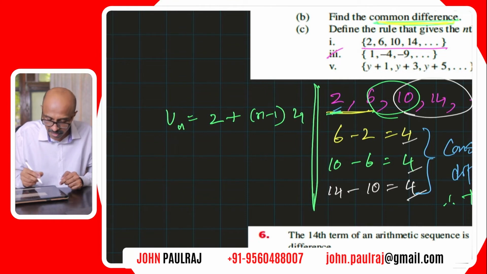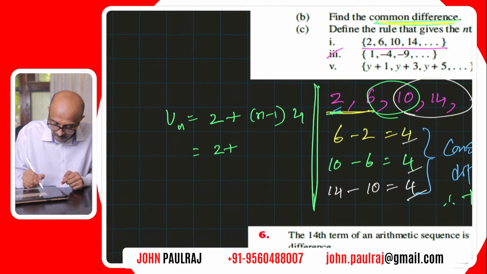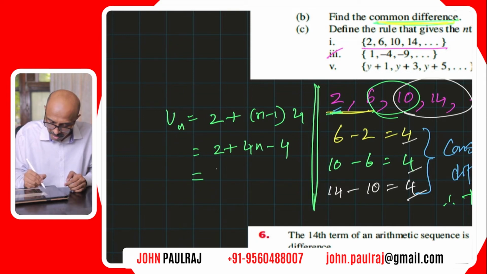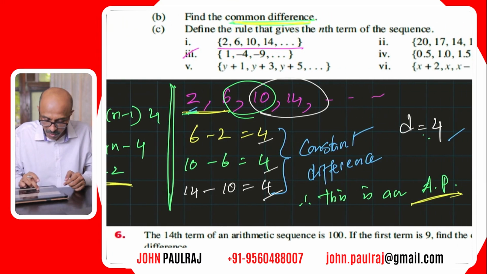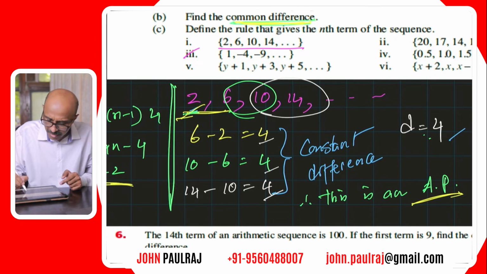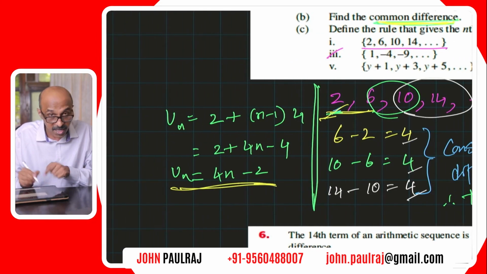Then of course you have to simplify it to give 2 plus 4n minus 4, and the general term is then 4n minus 2. That's the general term for the first example. First term and the constant difference, put together, give you the general term with the formula A plus n minus 1 D.